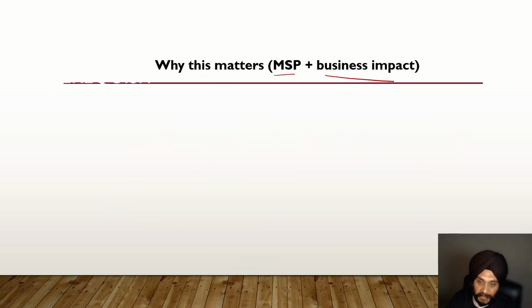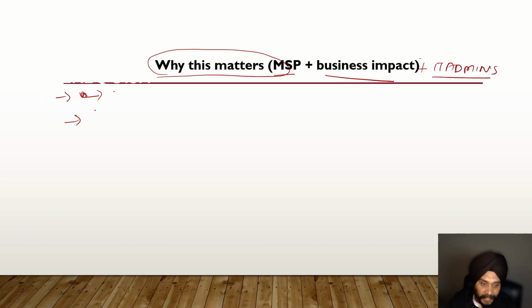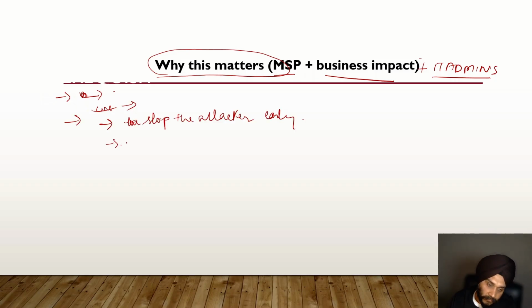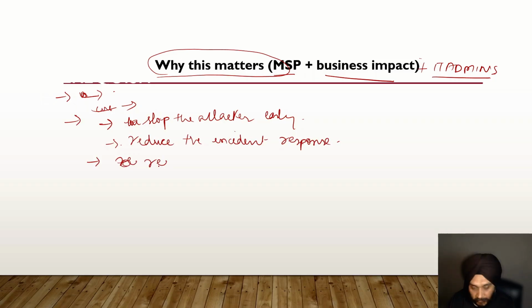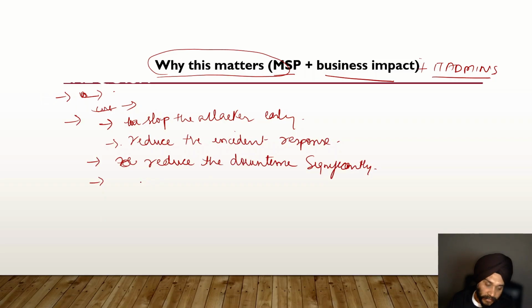This matters to MSPs and businesses, and IT admins as well. If you block sign-ins at high risk or medium risk, we will be able to stop the attacker early, reduce incident response, significantly reduce downtime, and eventually reduce the business risk drastically.